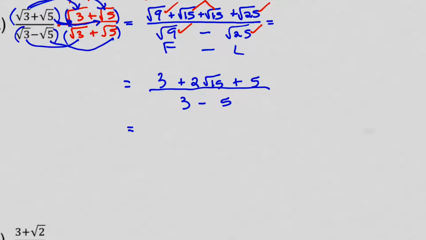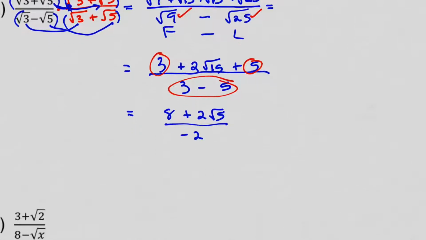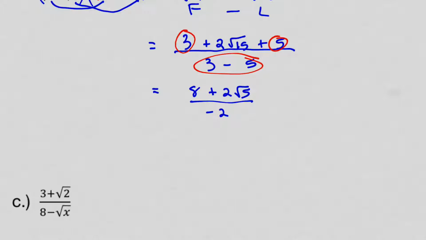Okay, so we need to put these like terms together right here. And these two. So 3 plus 5 is 8. And then 3 minus 5 on the bottom is negative 2. So basically, we divide both of these numbers by the negative 2.